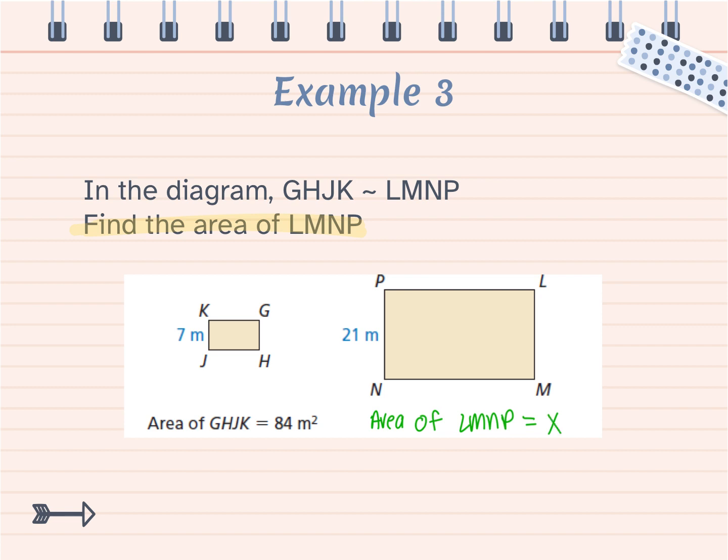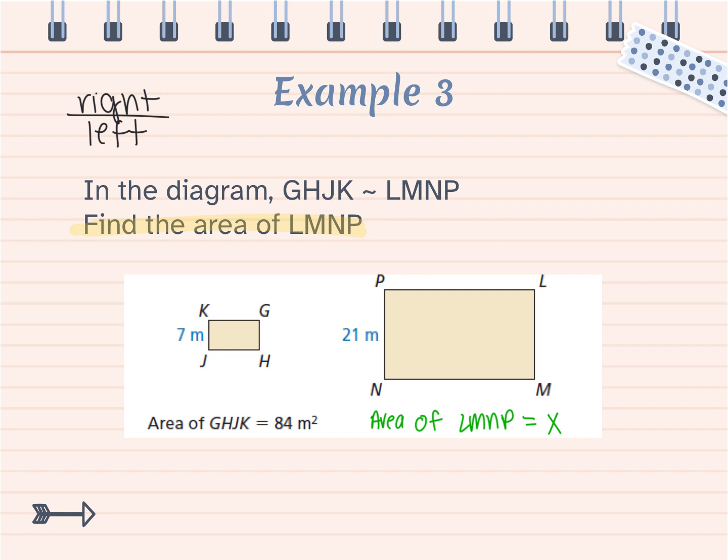Right now I'm representing it as X because we don't know that. So that's what I'm trying to find. I'm going to take my right shape over my left shape, and first find the corresponding side lengths.